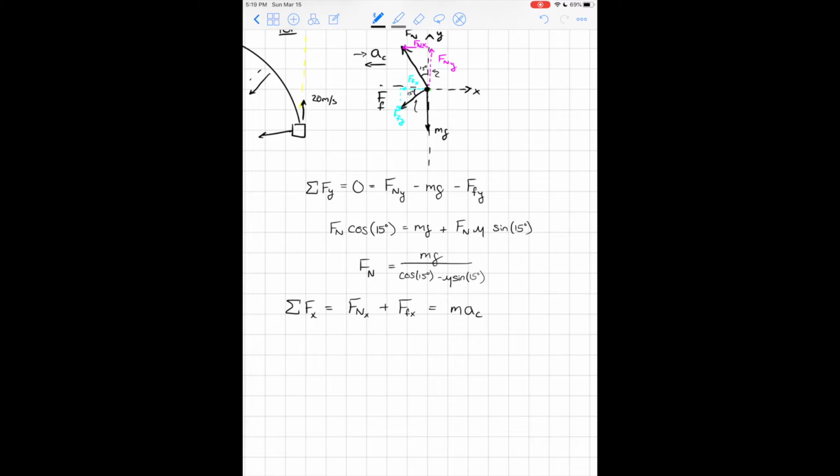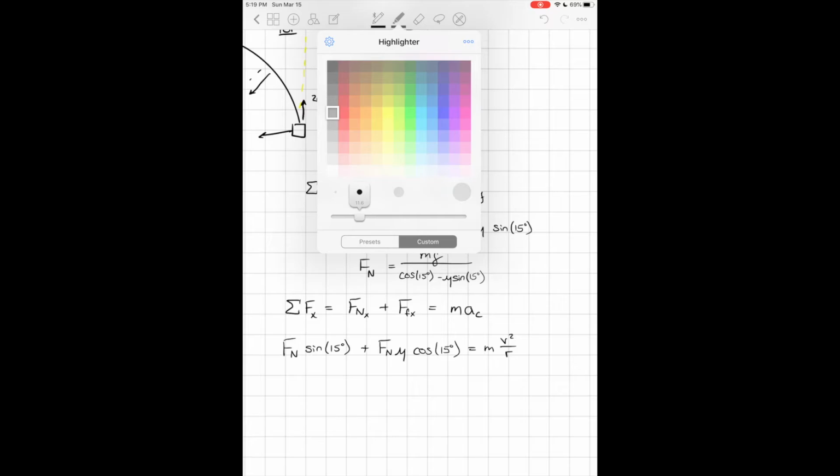Now if I write this out, I have Fn times sine 15 degrees plus my Fn mu times cosine of 15 degrees equals mv squared over r.